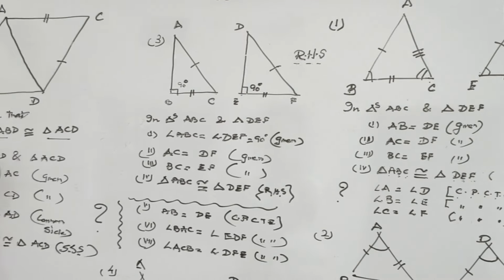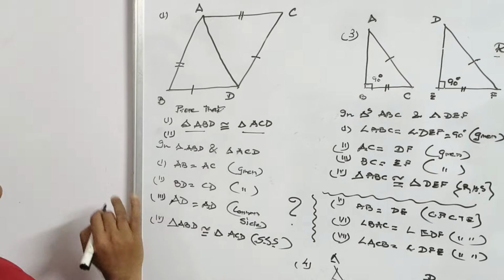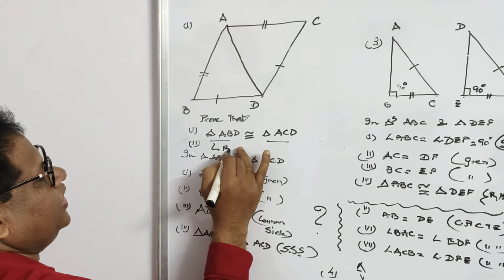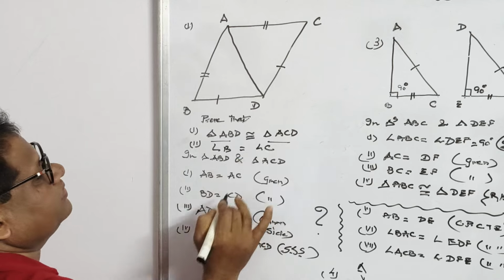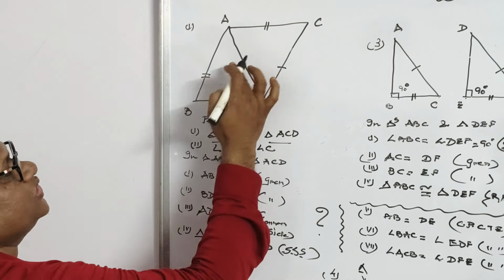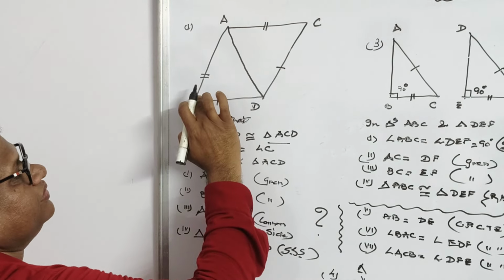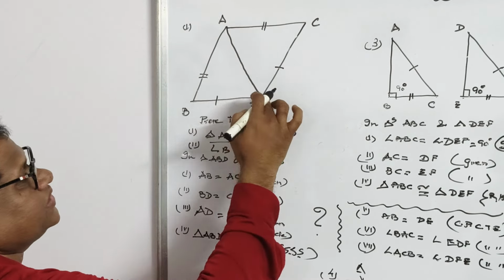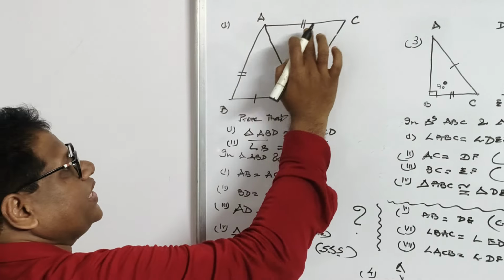Suppose in the question one more part is attached: prove that angle B equals angle C. You can see that this angle is opposite to AD and this angle is opposite to AD. Since AD is common for both, these two angles are equal.